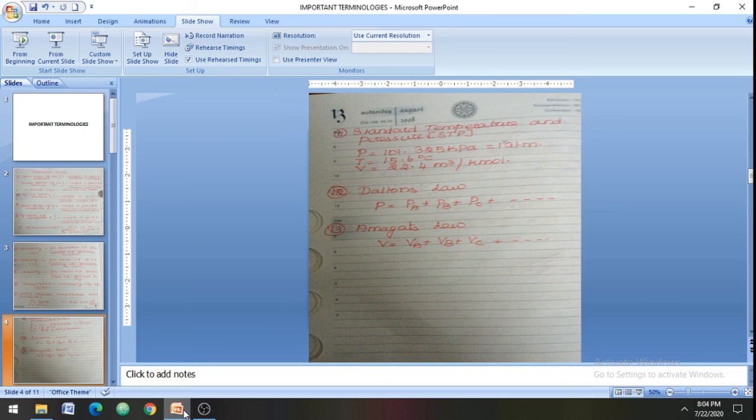Total volume V is equal to the sum of individual component volumes A, B, C. If you have D or E or F components, you add all the values. This is Amagat's law. These two laws, Dalton's law and Amagat's law, are very important. These are gaseous mixture laws.